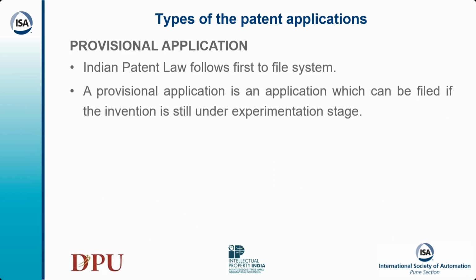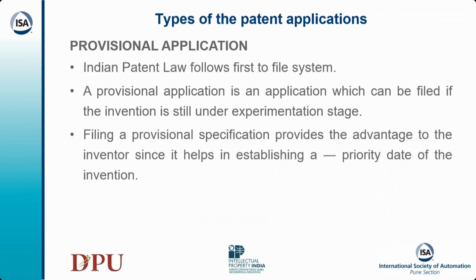This is important. If you have some idea, you are under experimentation, but you haven't yet come to the conclusion of what things you are going to make out of this patent. Why those things are to be identified, we will come to when we reach the claims. Claims are very important. So a provisional application must be filed if your invention is still under the experimentation stage.